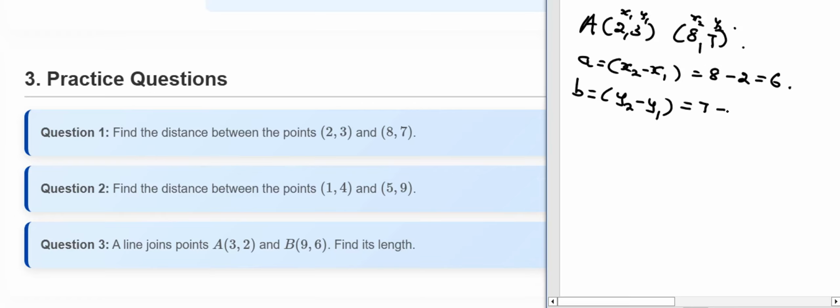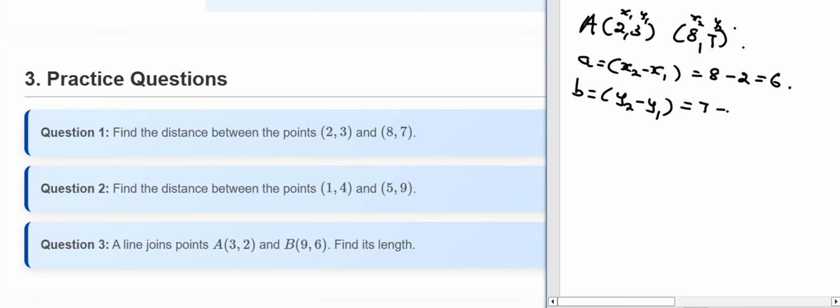Then I get A, which is x2 minus x1, which is 5 minus 1, so I get 4. And then B is y2 minus y1, which is 9 minus 4, so it's 5.